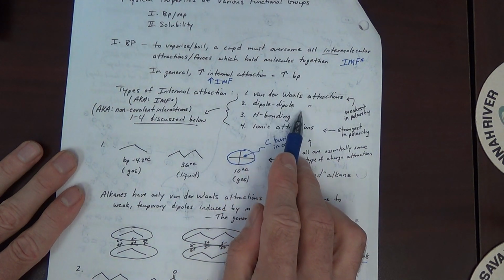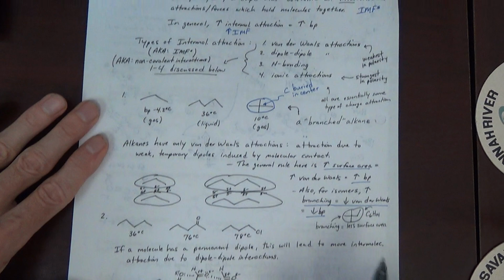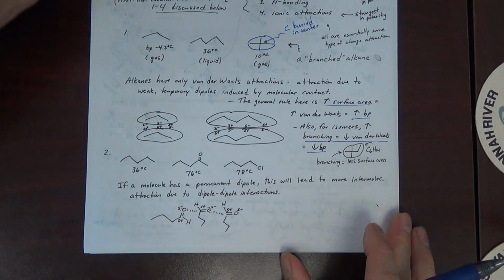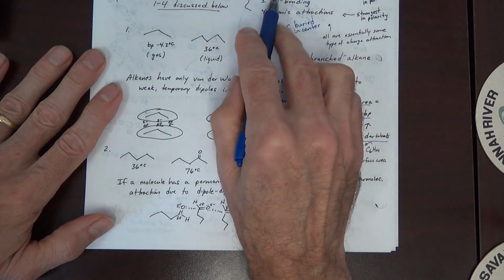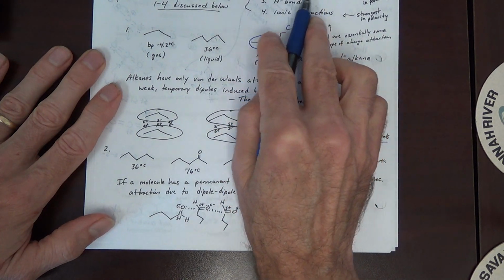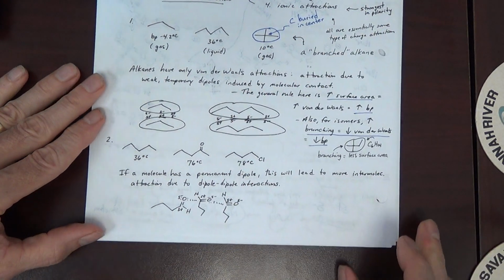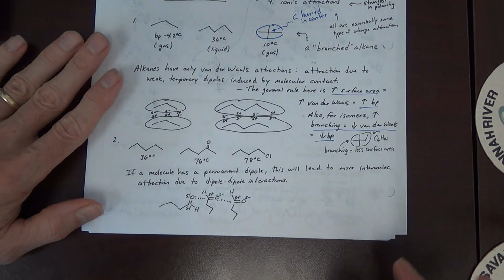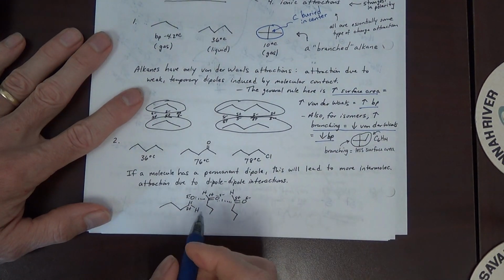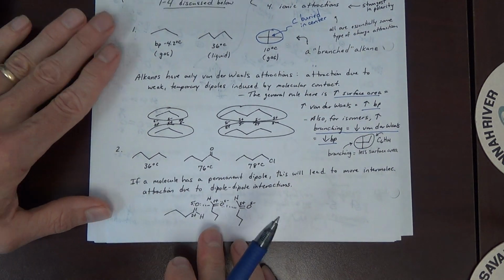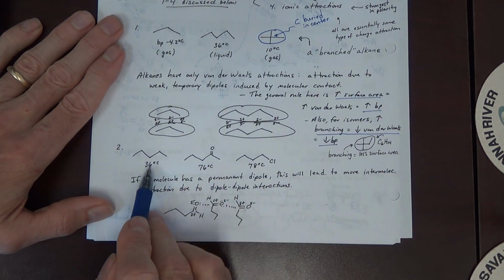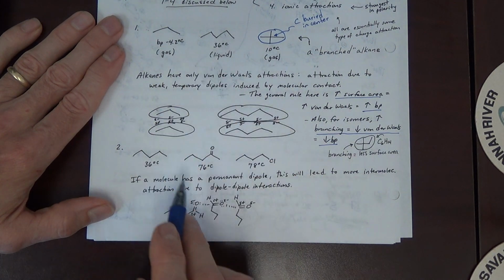Next, let's look at dipole-dipole attractions. Number 2. It's going to be a slightly more polar type of IMF. Slightly more stickiness. 3 examples: a hydrocarbon, boiling point 36.